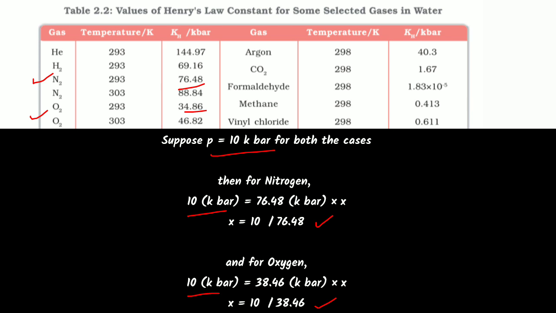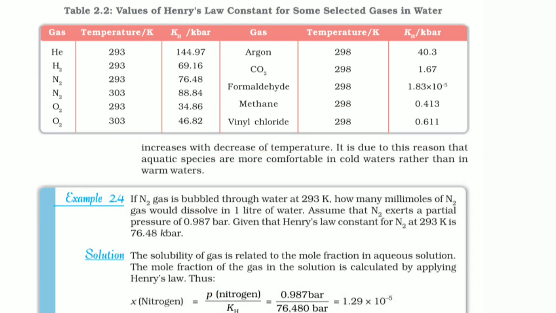That means the kh value for oxygen is lower than the nitrogen, so the solubility of oxygen is higher in water than the nitrogen. That's why oxygen is slightly more soluble in seawater or in river water. That's why aquatic life can be sustained, because of the presence of oxygen in those waters.